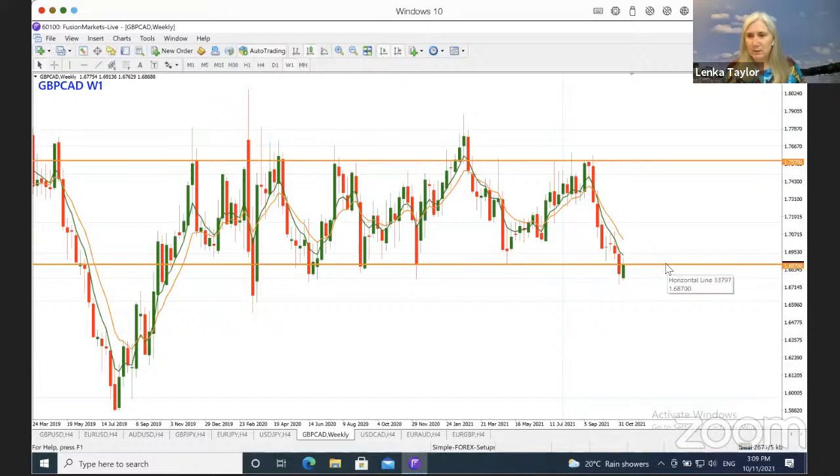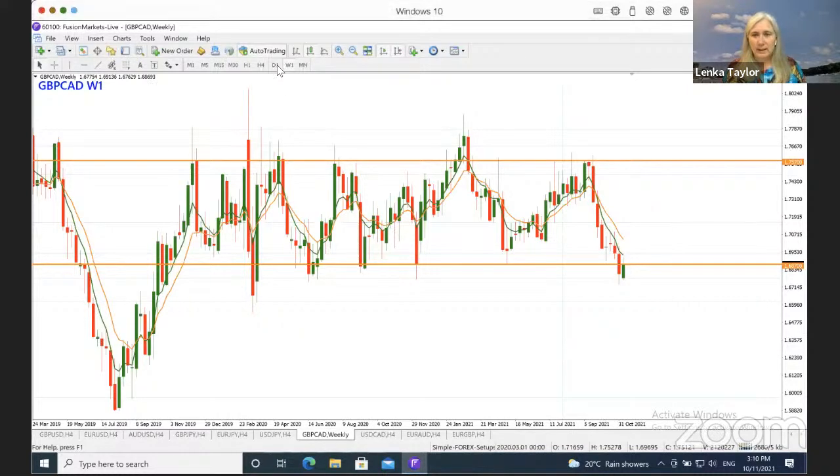The support is at 1.687 and my resistance is at 1.757. So at the moment we're at the bottom. So I'm looking for a reversal, because obviously if we're following that pattern and using it to predict what's going to happen, then I'm looking for this to reverse and potentially go back up.